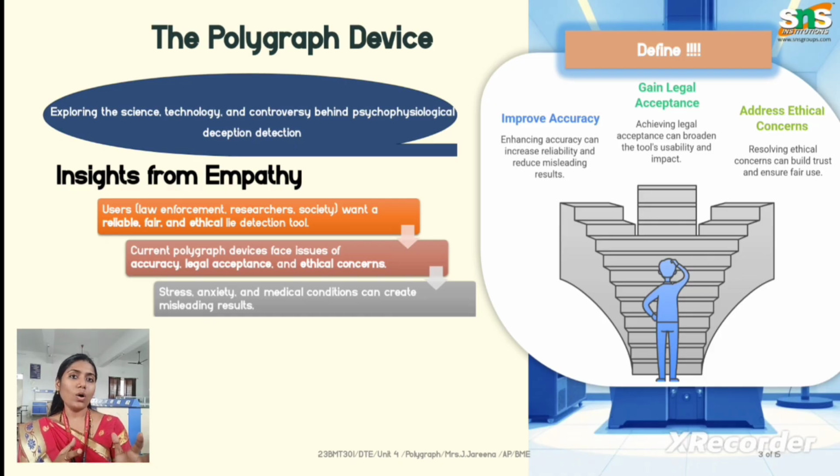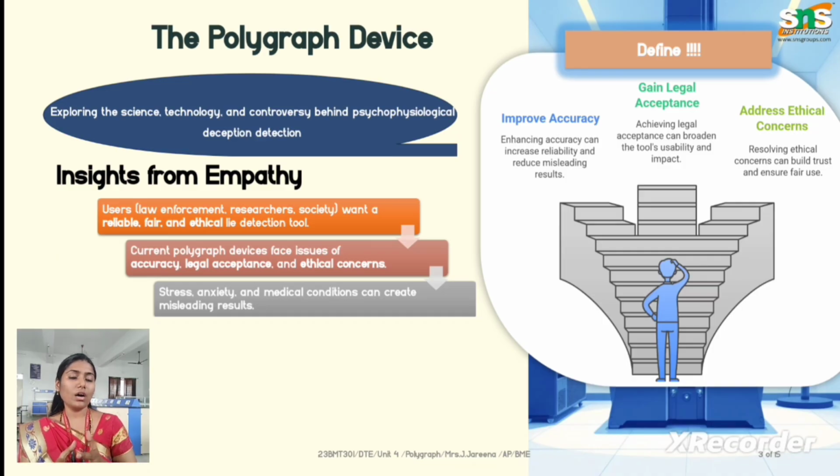So this is how the polygraph device comes into the picture and supports analyzing so many physiological changes that happen in the body. Based on that, we can judge whether the person is telling a lie or not.